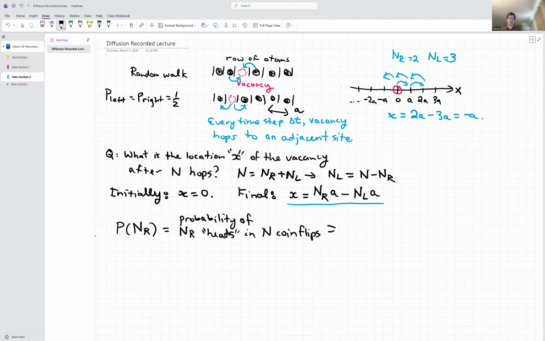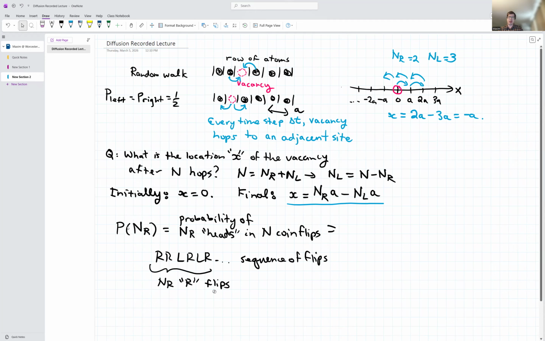So if we have a sequence of flips, then we need to count the number of ways in which we have n sub r right flips, and then we just multiply that number by the probability of any given sequence.